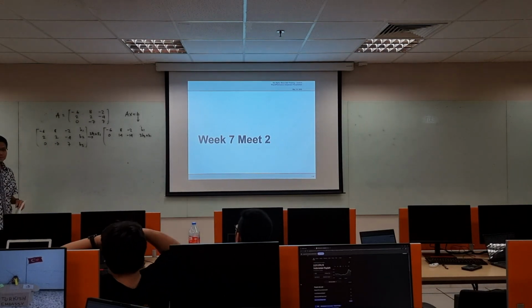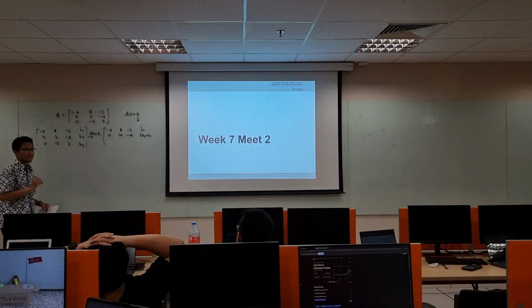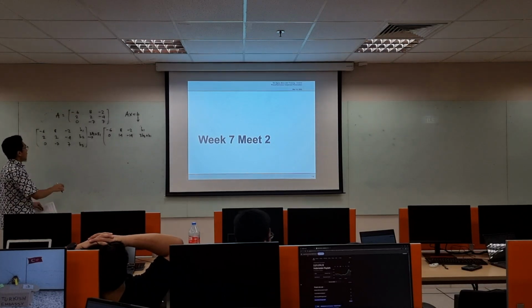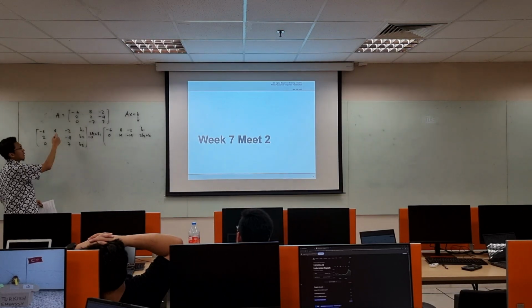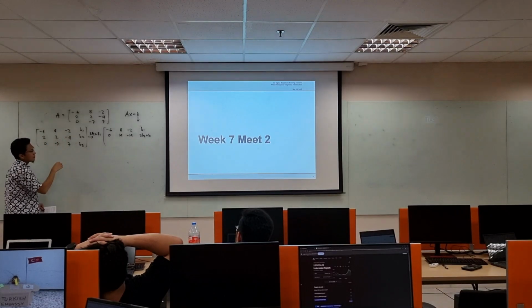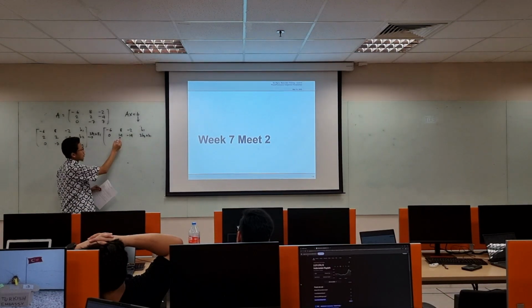Any questions so far? And then what do we do to eliminate this? We have to multiply this by 2 and then add row number 2. So in this situation, the pivot is 14.